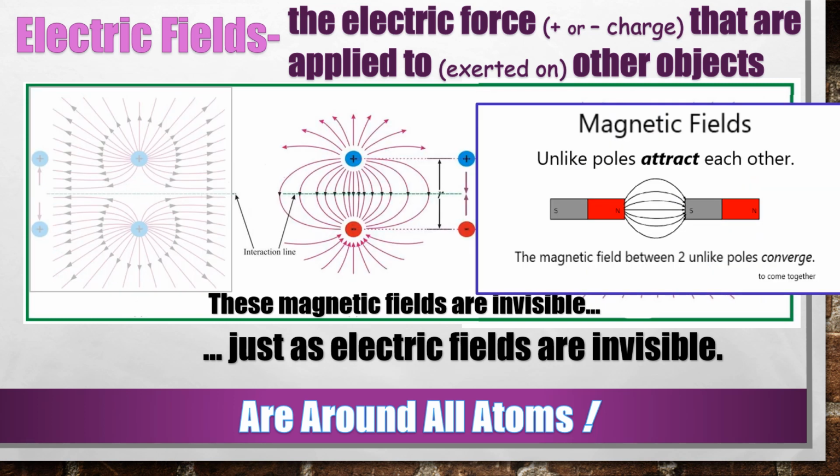If I'm talking about the opposite, if I have one positive and one negative, just like with magnets, and I flip it to where I have a north versus a south, then they're going to come together, right? When they come together, those fields are still invisible, and then they connect. The same thing happens with atoms. When I have a positive atom and a negative atom, they're going to be attracted to one another. Those lines are going to converge, or come together, and stick to one another.